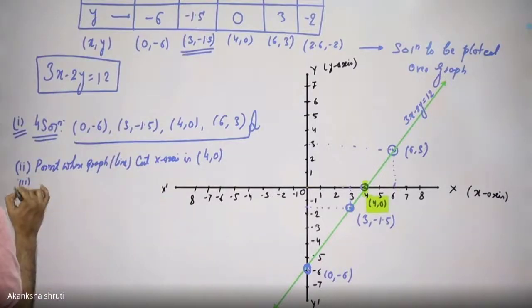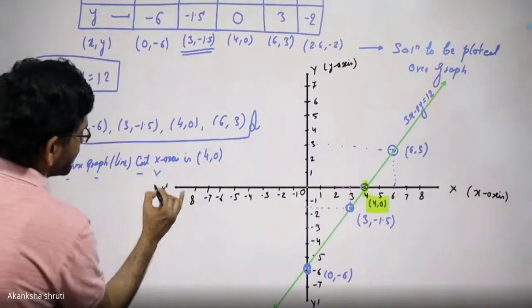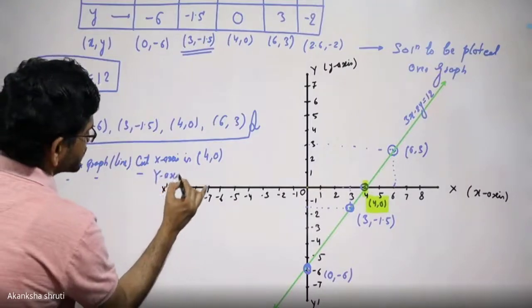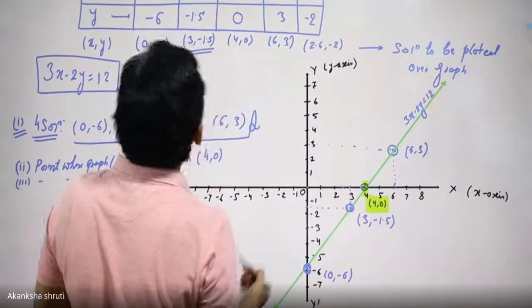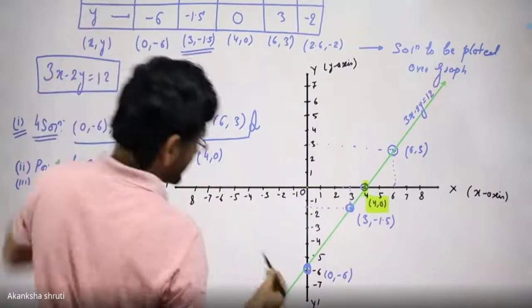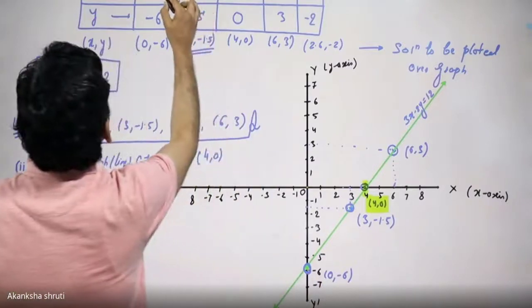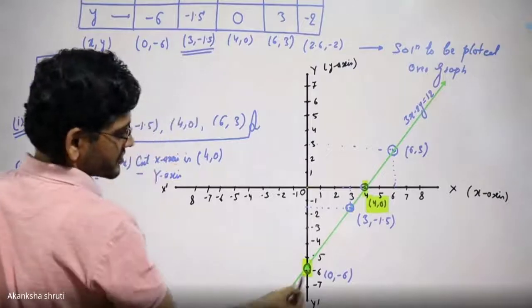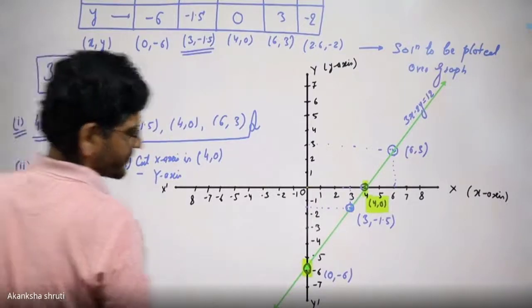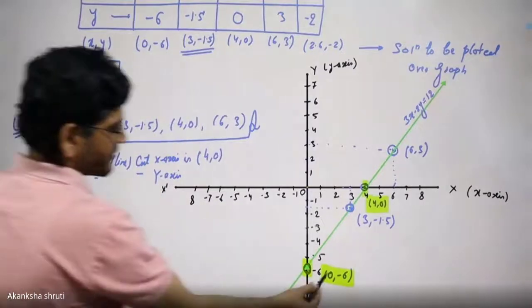The third one is the point where the graph cuts the y-axis. Students, this is the graph and this is the y-axis where they cut each other. It is this point. Considering this point, its coordinate is (0, -6).